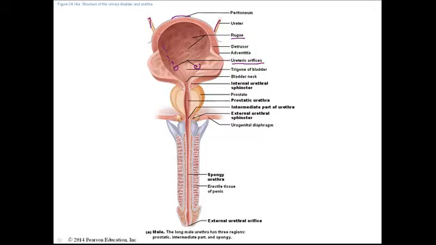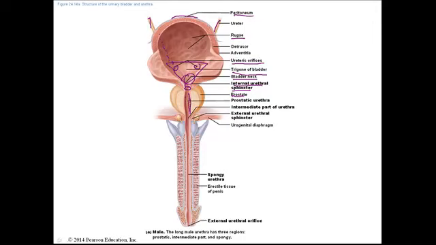Here's peritoneum superiorly. So the neck of the bladder is this area here. The trigone is this triangular area here. Here's the internal urethral sphincter. This is autonomic. Here's the prostate.